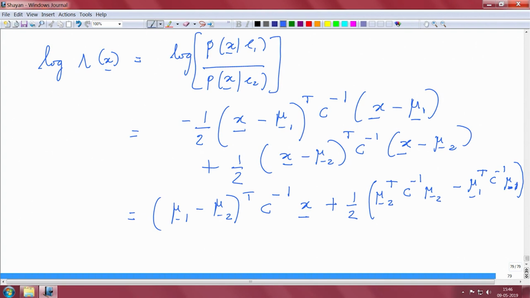Okay, so this is a straightforward algebra. You can simplify this. You will get it in this form.